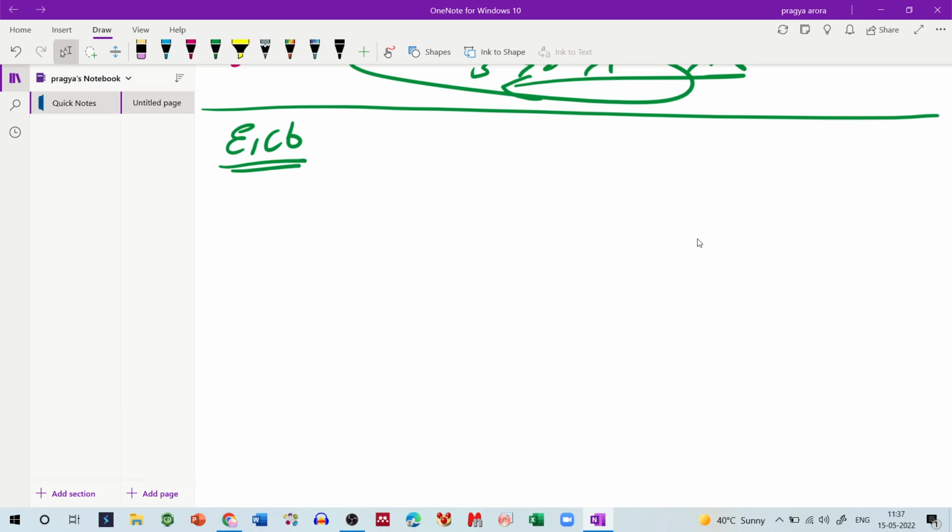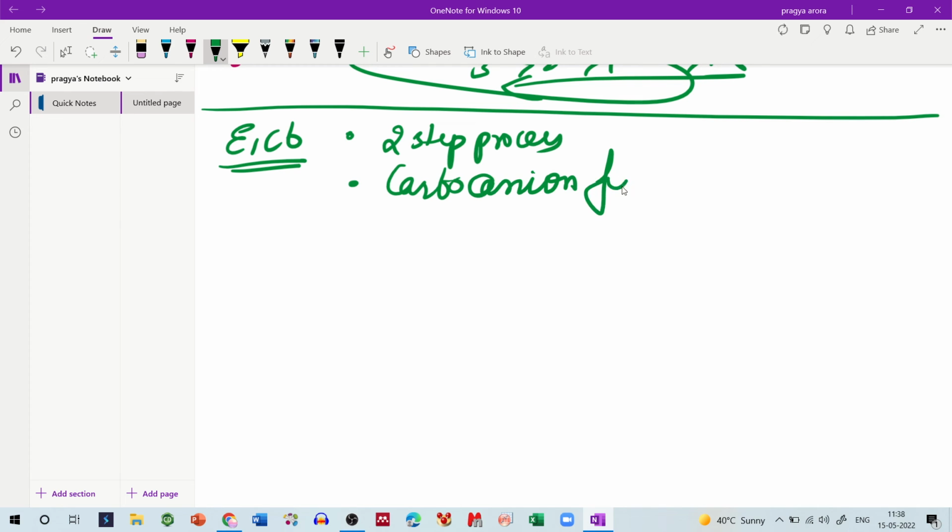While in the case of E1CB, it is a two-step process, similar to E1, but here in the first step a carbanion forms. How does the carbanion form? Because H is released first.